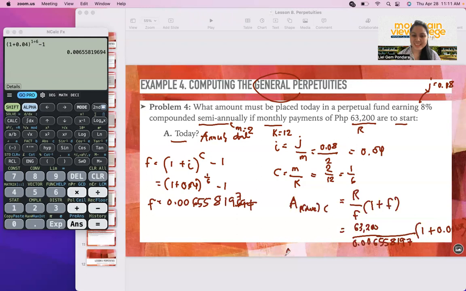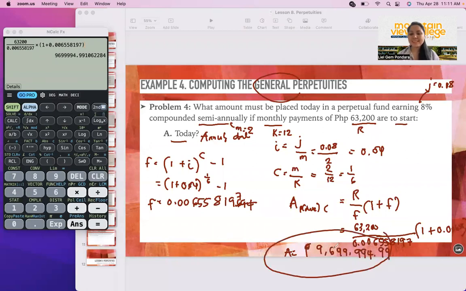Then let's use our calculator. There. The answer is $9,699,994.99.